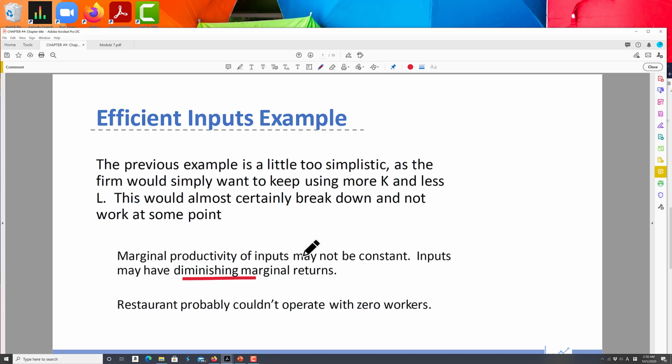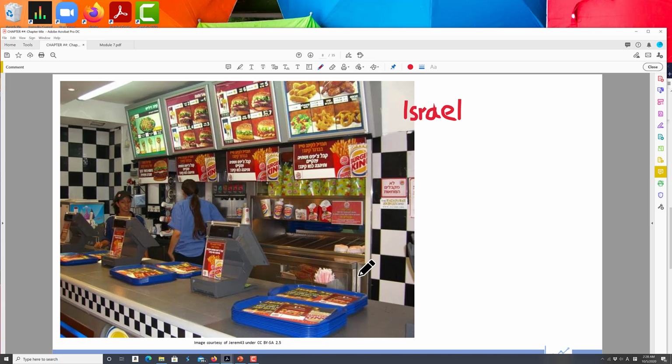Marginal product of an input is not constant. Given the other input, if you increase only the quantity of one input, we face diminishing marginal returns. So let's consider an example. I think this is a picture of Burger King.